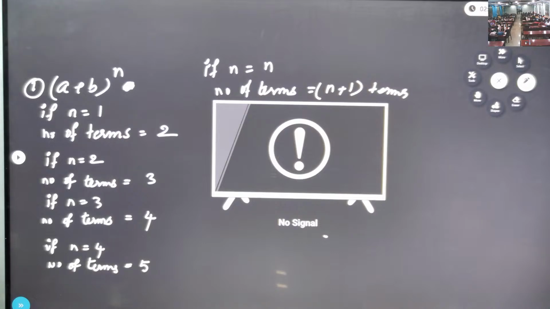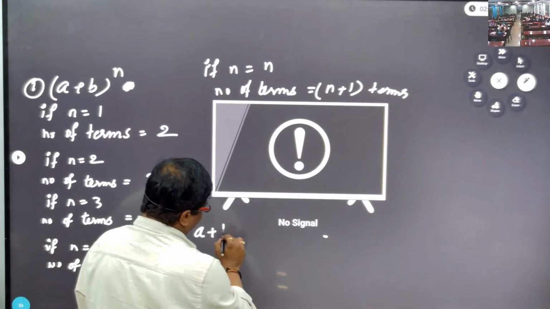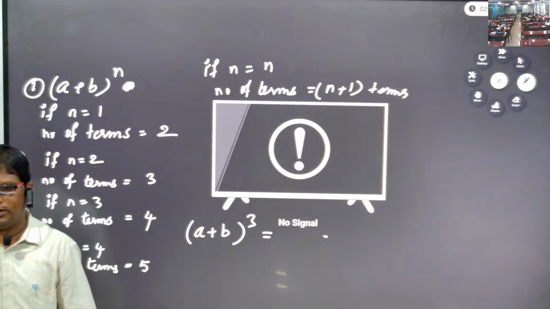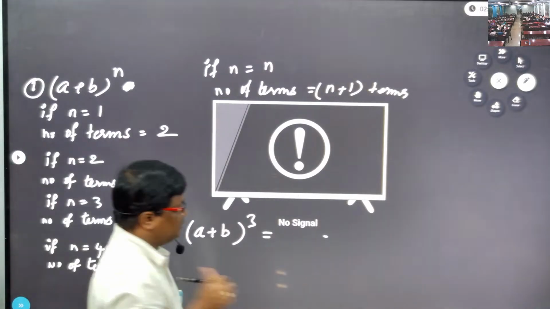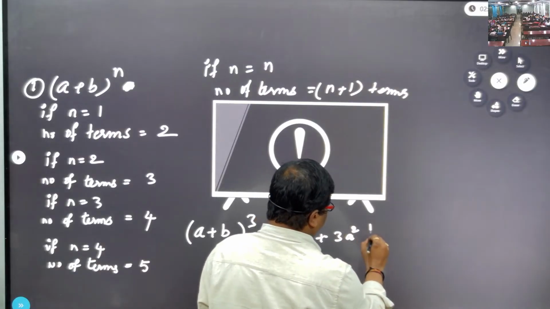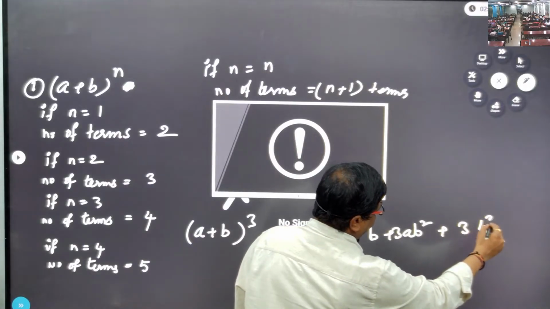Okay. For example, take the example of a plus b power 3, that is a plus b whole cube. Write the equation. What will we be getting? A cube plus 3a square b plus 3ab square plus 3b cube.